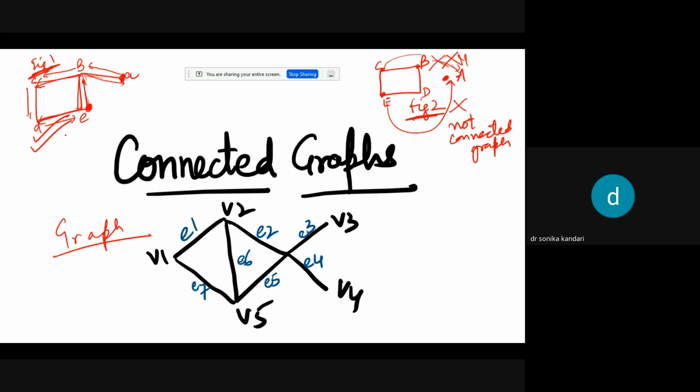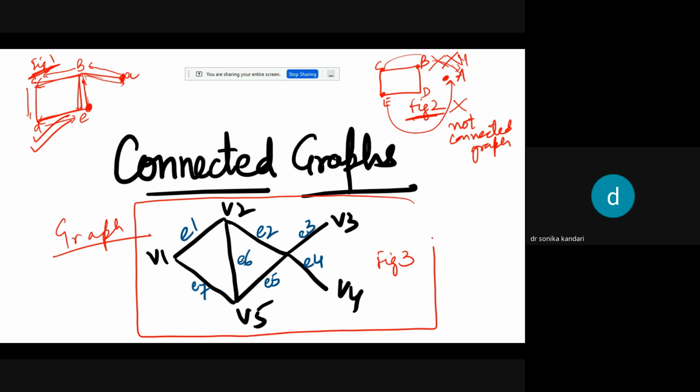Fine. Class, is it clear? Now see figure 3. Tell me whether this is a connected graph or not. Yes, it is a connected graph.